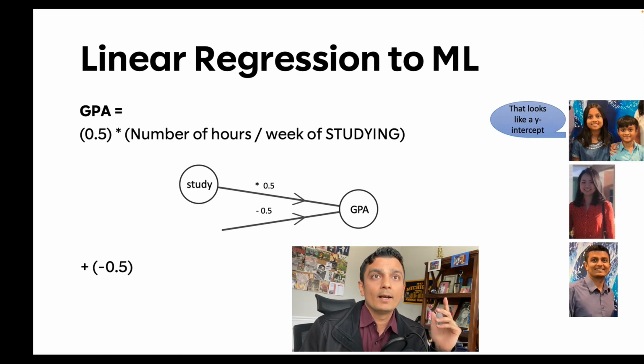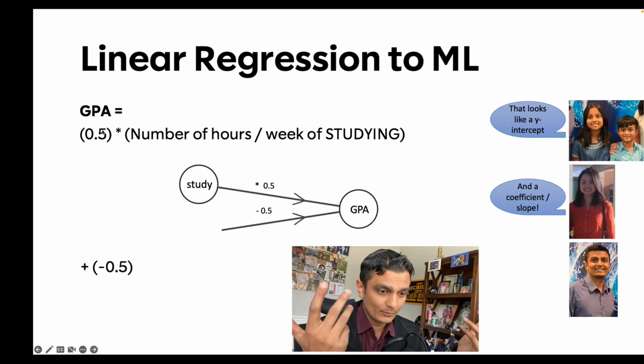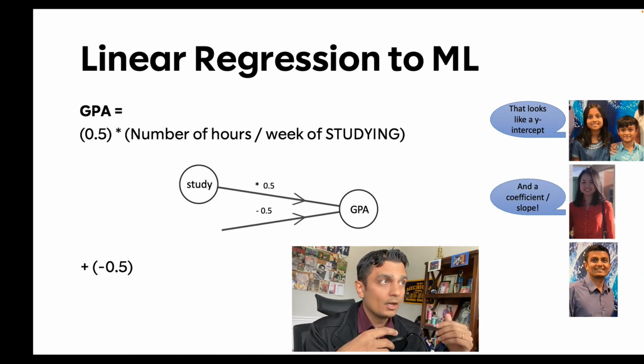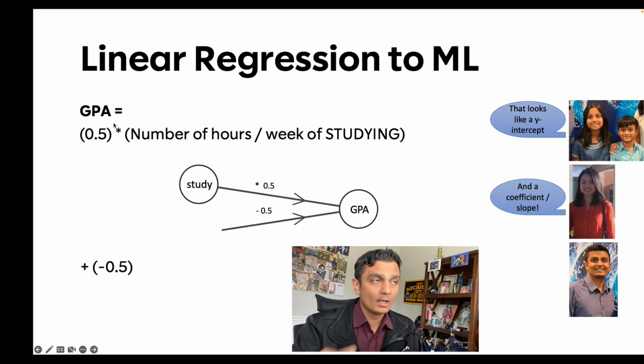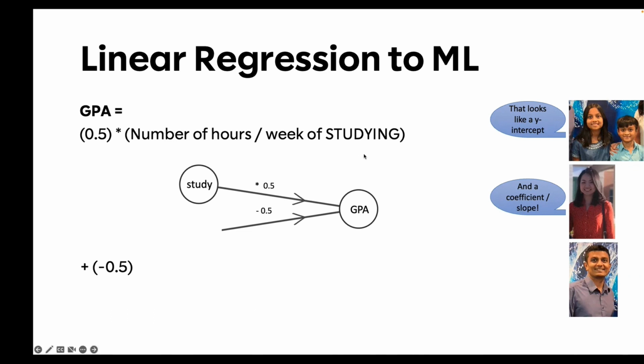And so my wife said, it also looks like a coefficient and a slope, right? So think back to your math days, you've got y equals mx plus b. That m is a coefficient, and it's also the slope of a line. So it's a coefficient to x. And if you graph this out, you've got the slope of the line as well. And then, of course, data scientists would call that a weight and a bias.